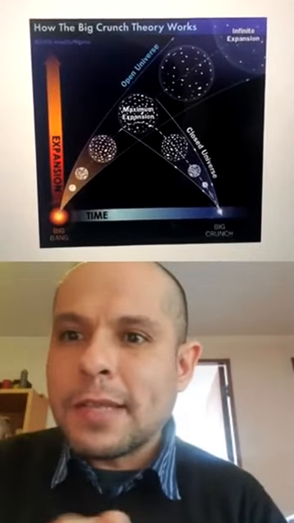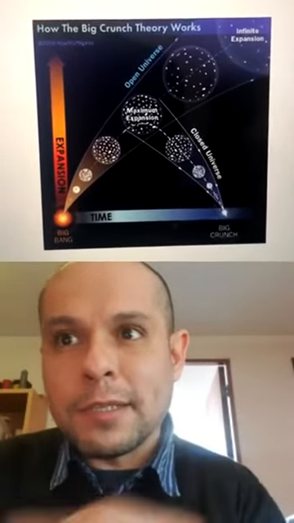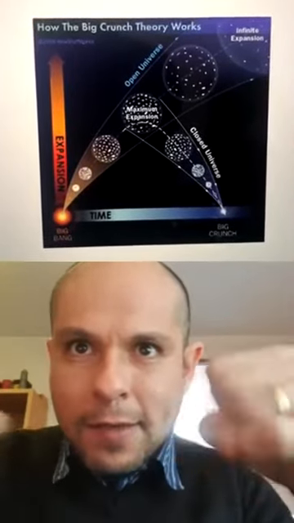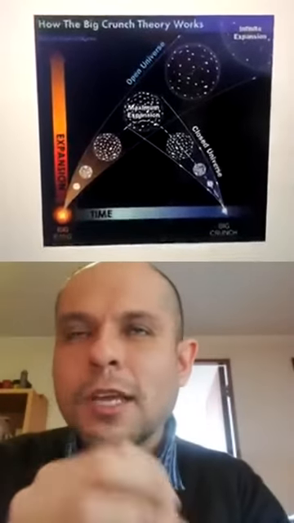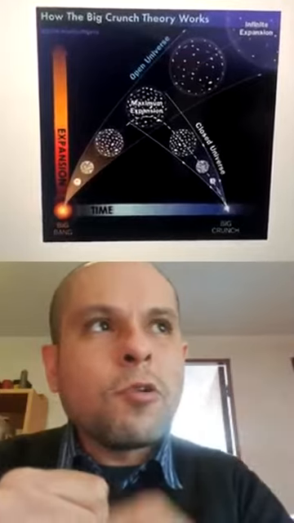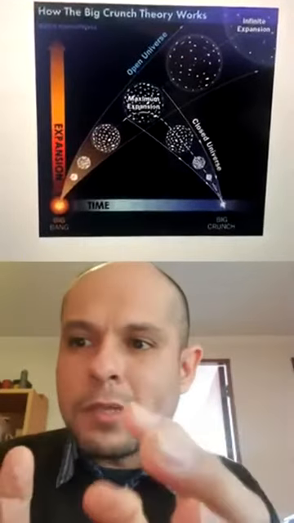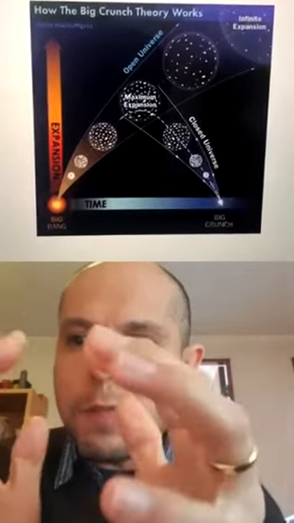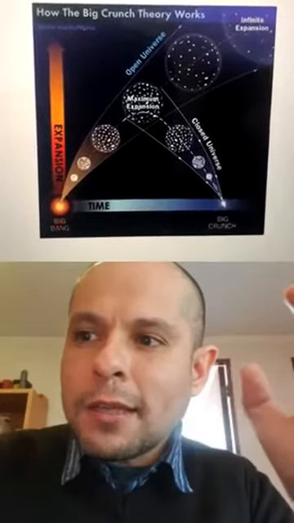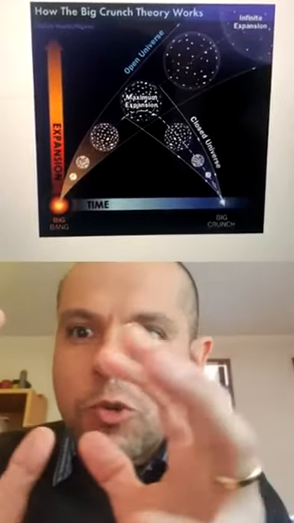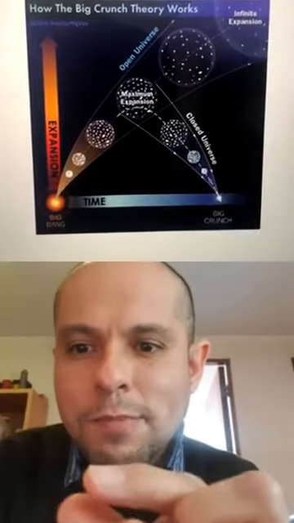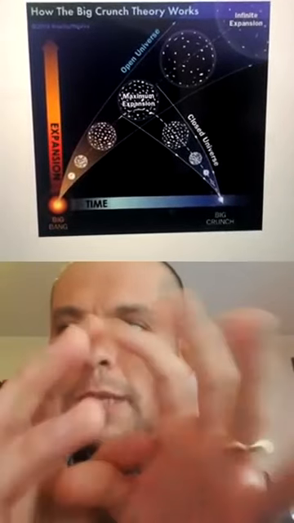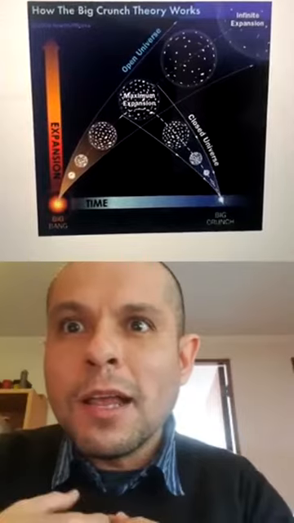And then you have another force, gravity, that pulls everything together. So gravity starts to play a role, and it will stop the expansion of the universe. The expansion will reach a maximum, and then the universe starts to shrink until a new beginning, until a small point. Then a new Big Bang will happen, and the universe will be reborn again.